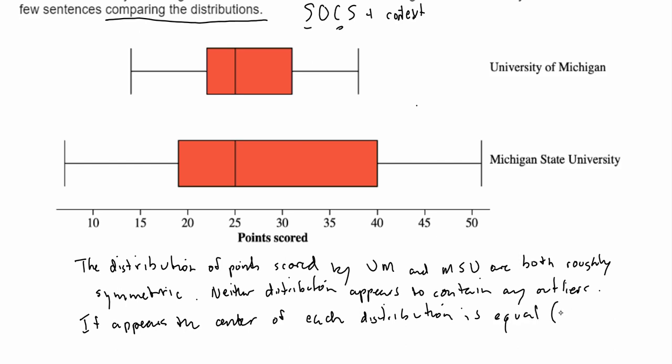Maybe I'm saying the medians are both 25 points in each one of those. And how do we know that? Because this line right here is the median, and it appears to be the same for both.